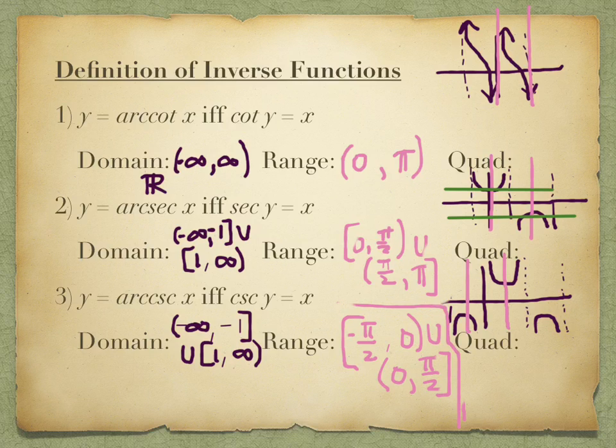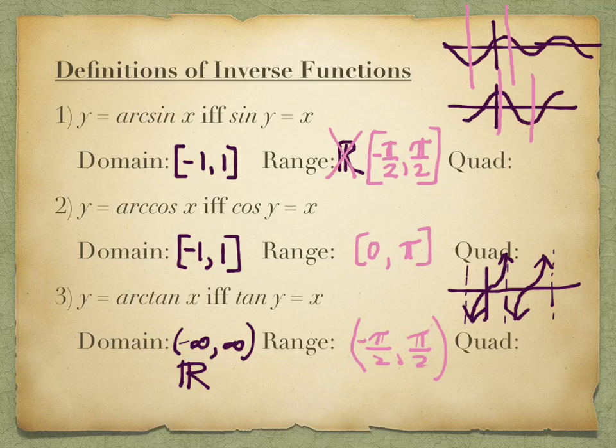Okay, let's go back and do quadrants. So the quadrant issue is going to be sort of referring you back to unit circle stuff. So if you are going from -pi over 2 to pi over 2, what quadrant or quadrants is that referring to? Here's quadrant 1.